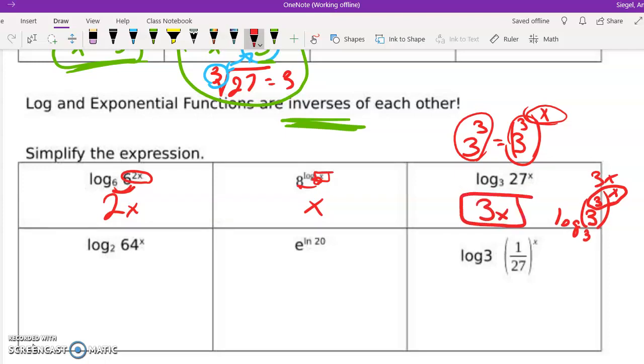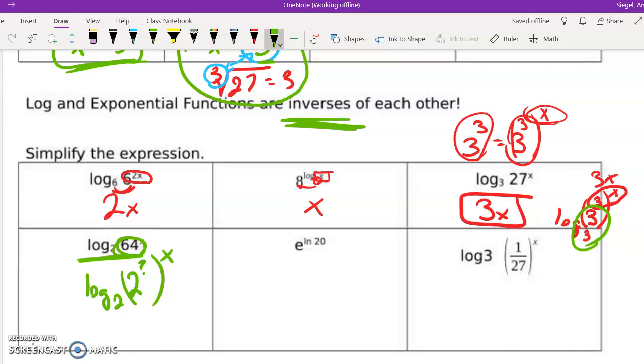That one's a little tricky, but the goal, let me do this in a different color, is to get those bases the same. Let's do the same thing for this one here. Log base 2 of 2 to some power, all to the x power. We want 2 to what power equals 64?